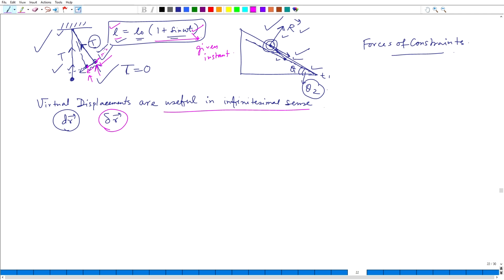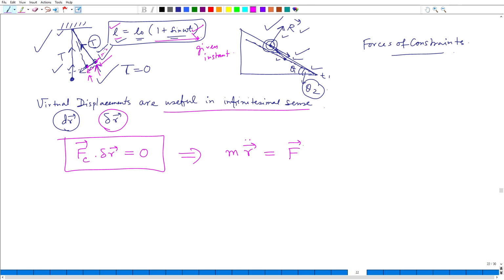If they are all satisfied, then we say that Fc, the constraint force, dot delta r is equal to 0. That is the principle of virtual work we stated, and from that we also said that for a particle of mass m, if r double dot is the acceleration, then the total force acting on it is the force due to some external effect, which I called Fi, and some force of constraint Fc.